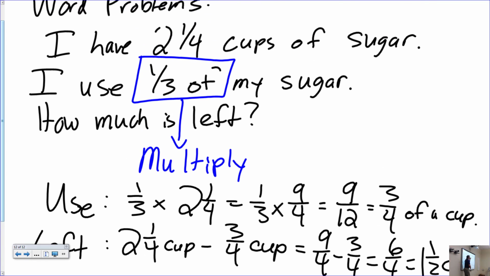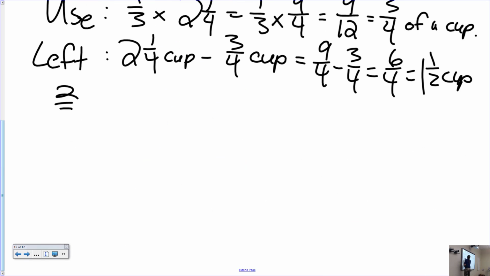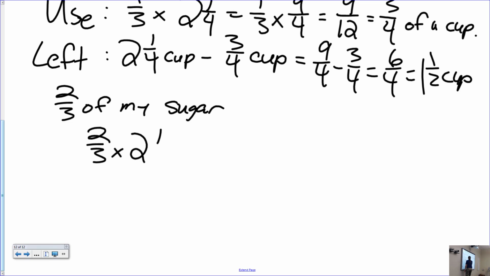Okay? One last thing before you call it a day. If I use 1/3 of my sugar, how much of my sugar is left? 2/3, right? How do you figure out how much 2/3 of my sugar is? 2/3 times 2 1/4.